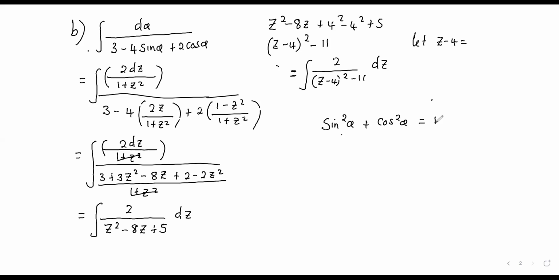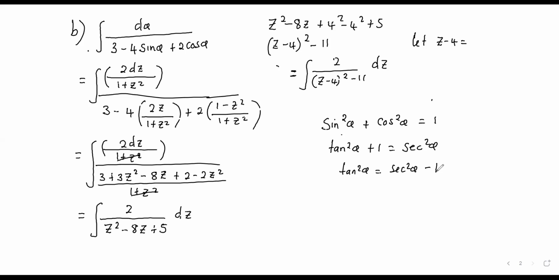So if we divide by cos, we are going to have tan squared plus 1 equal to sec squared theta. If we take 1 the other side, we'll have tan squared theta is sec squared theta minus 1, which is a setup of our denominator.